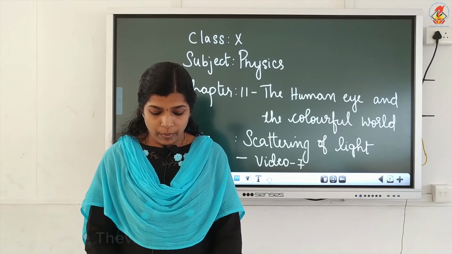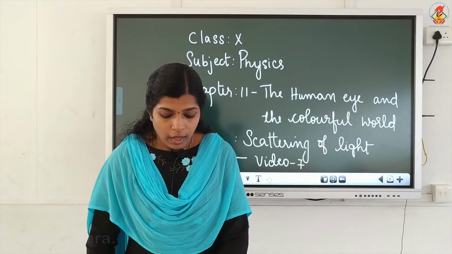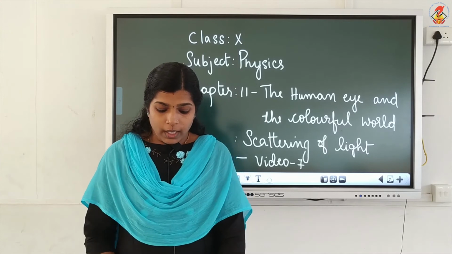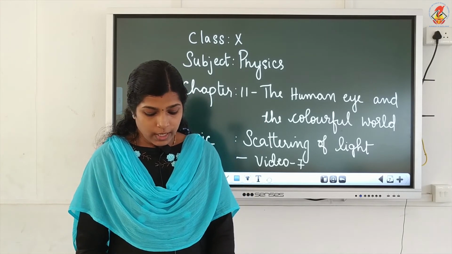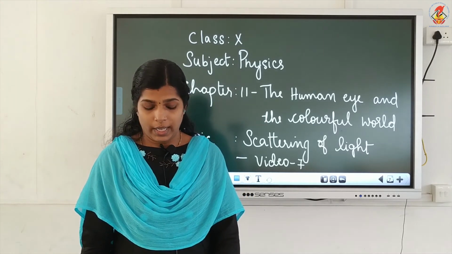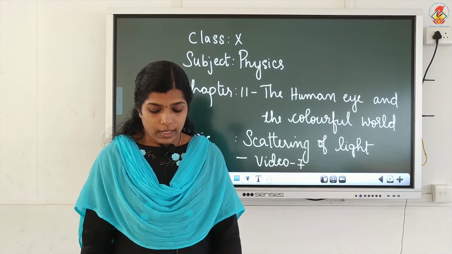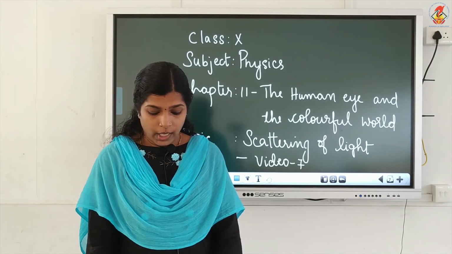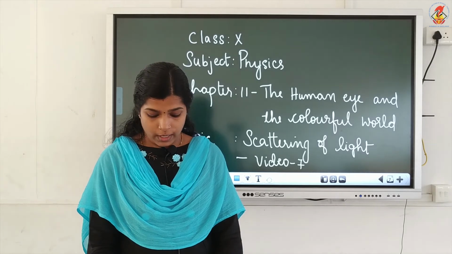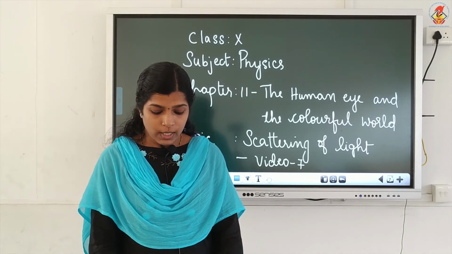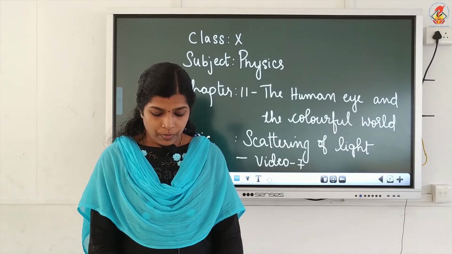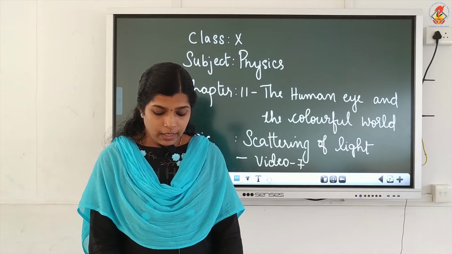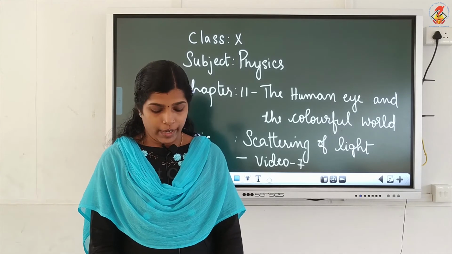light reaching our eye from all other directions is a scattered blue light. Therefore, the sky in direction other than the direction of sun is seen blue. Further, after sunset and before sunrise, there is no sunlight reaching directly to us.